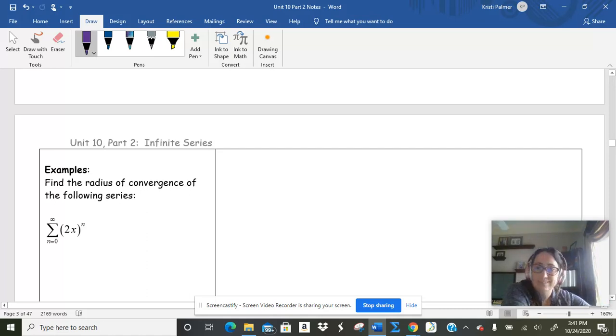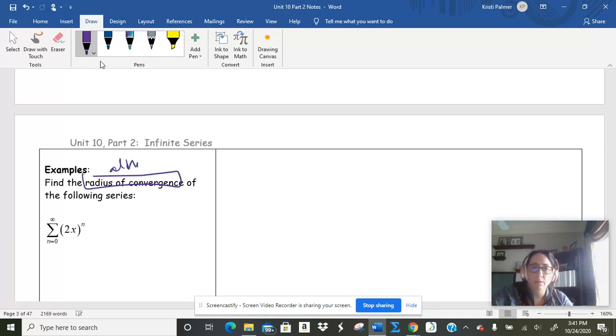So let's look at the first one. It says find the radius of convergence. So I know that this is almost always telling me to use, and we're going to see when it's not, but it's almost always telling me to use that ratio test.